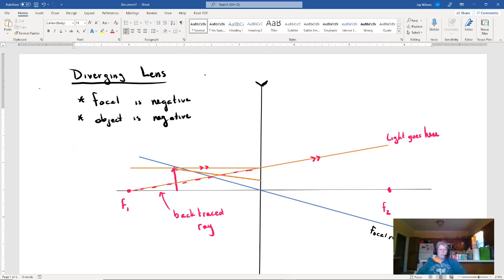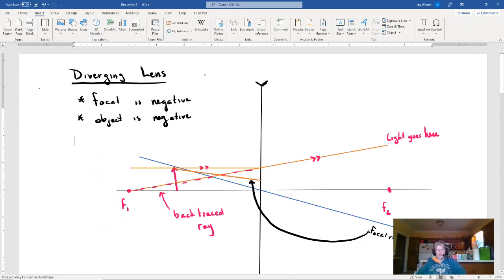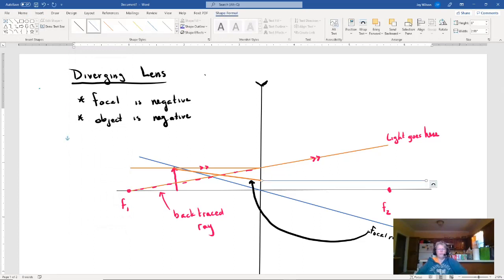I aimed at the focus, but then when I come out, I'm going to come out parallel. It's going to come out parallel. Black.